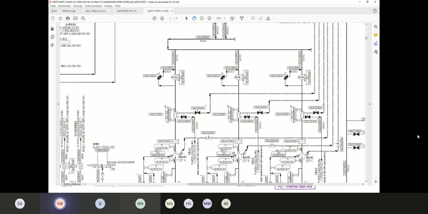In other cases, you have it on the pump directly, for the feed water pumps normally. But in most cases, I would say, you have it with the condenser level.